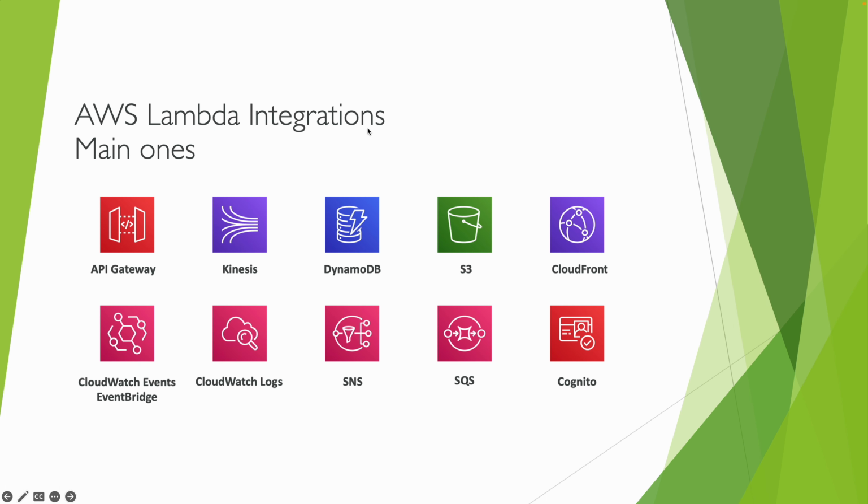As we already said, AWS Lambda is integrated with many services in AWS. So these are the main ones. We can integrate AWS Lambda with API Gateway to write REST APIs, Kinesis for data streaming, and DynamoDB to store data. For S3, whenever there is an object creation or deletion, we can trigger a Lambda function and do something, okay.